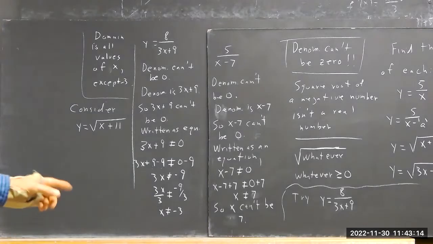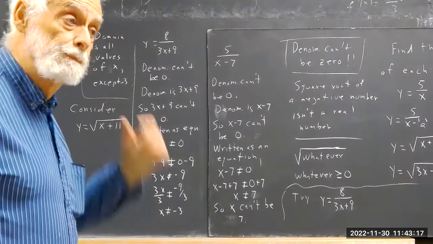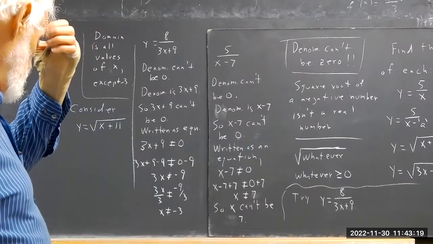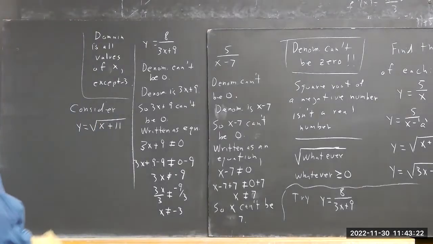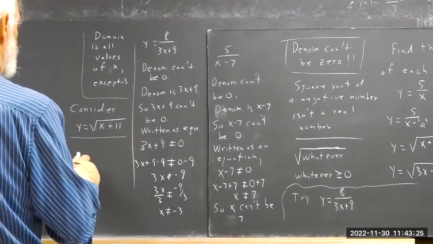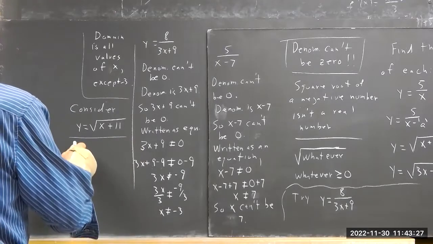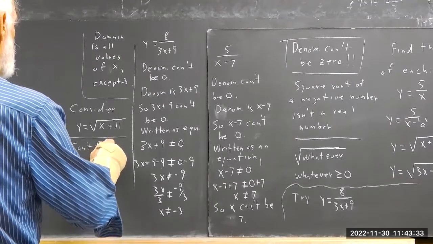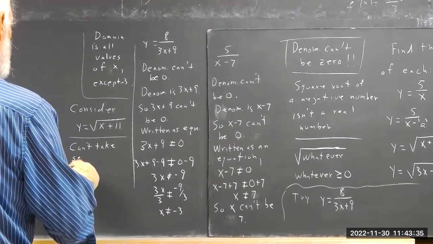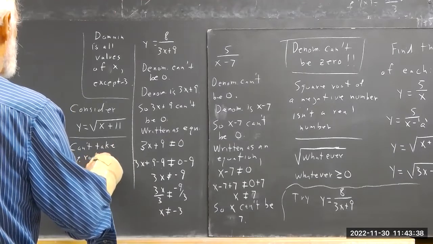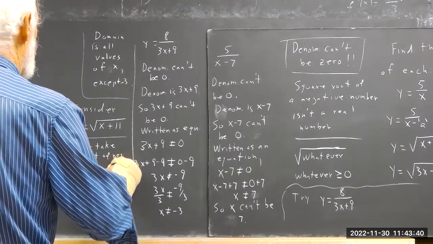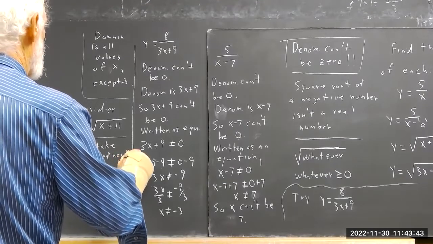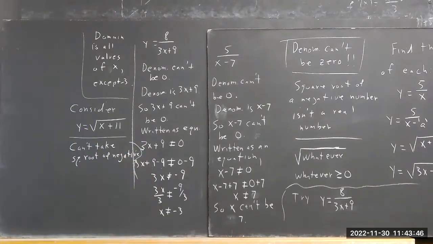Consider y equals the square root of x plus 11. You can't take the square root of a negative, at least if you're talking about real numbers.